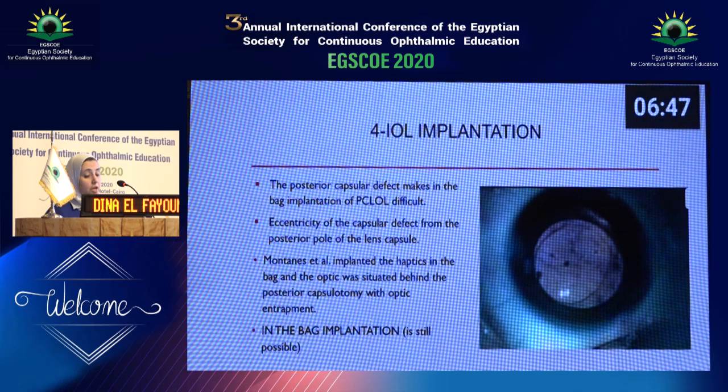So the eccentricity of the capsular defect from the posterior pole, as well as the size of this capsular defect, decides whether I'm going to implant the intraocular lens in the sulcus, or in the bag, or place the haptics in the sulcus and do a capture of the optic. However, by the end, in-the-bag implantation is also a possible outcome if I still have a well-centralized and small capsular defect.